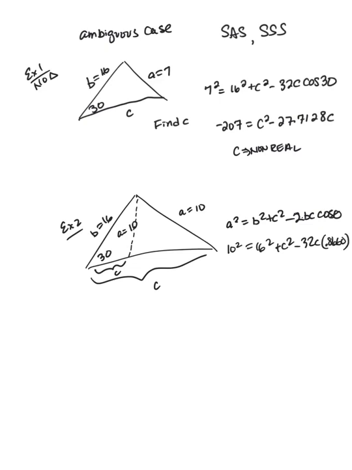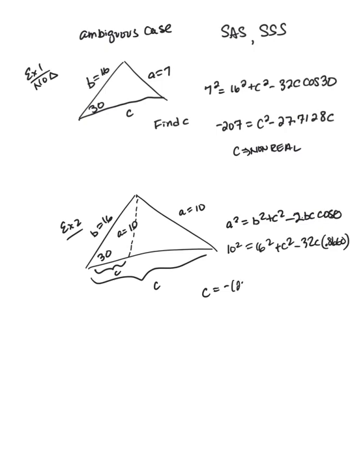All right. Now, when you go to use the quadratic formula, you know how you have plus or minus? So you're going to end up with c equals the opposite of b.